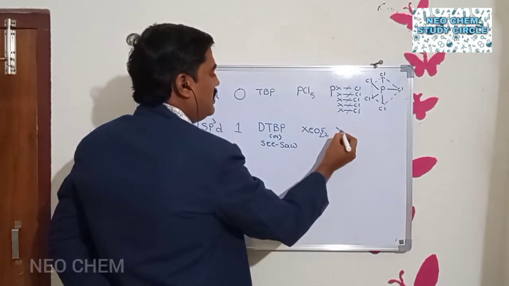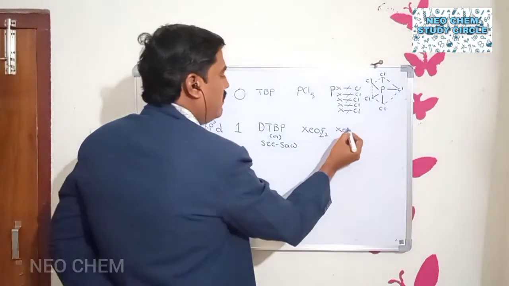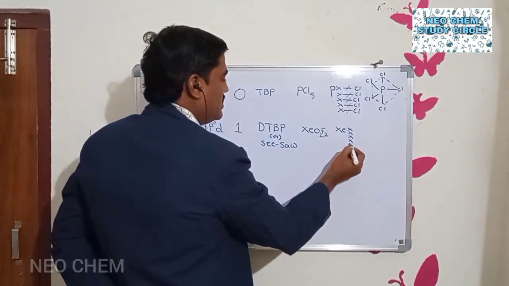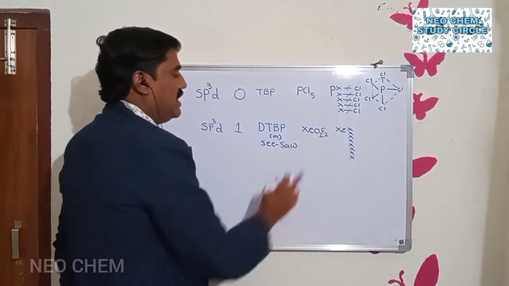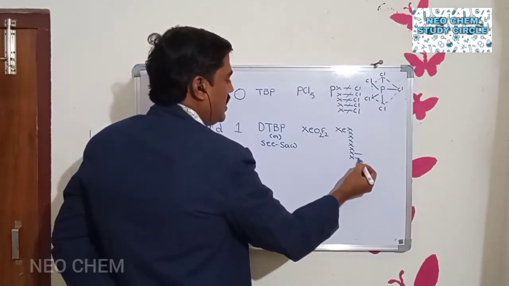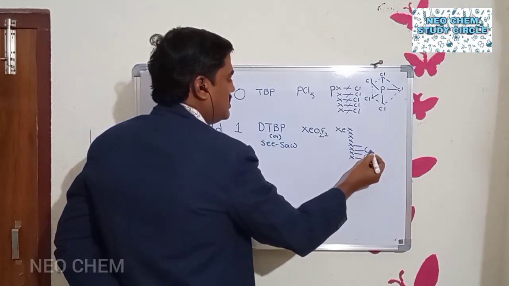Here, the central atom is xenon, which belongs to 8A group. So we should write 8 valency electrons like this. There are 2 oxygens, so 2 electrons together, we should write 1 oxygen, second oxygen.